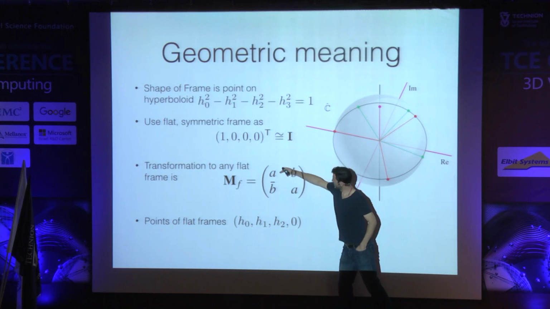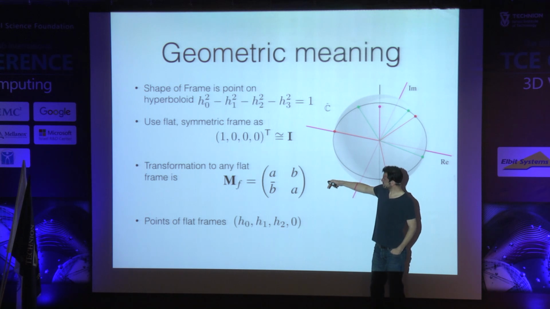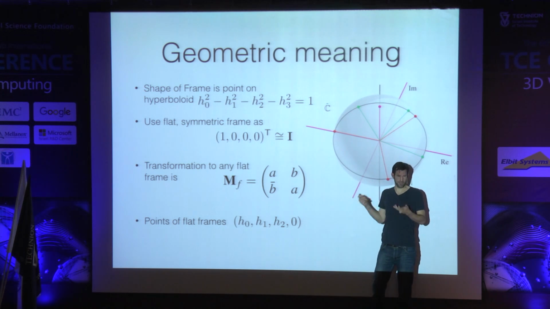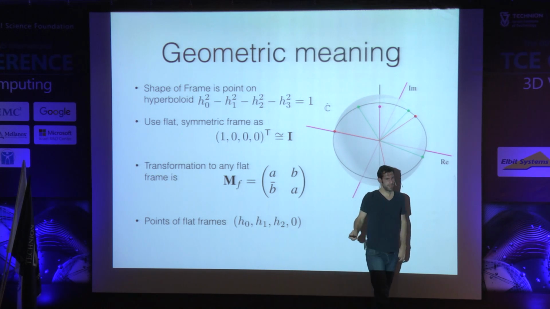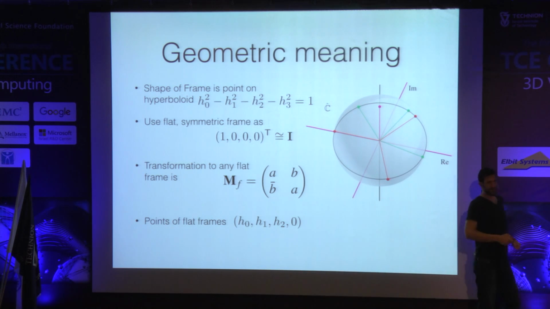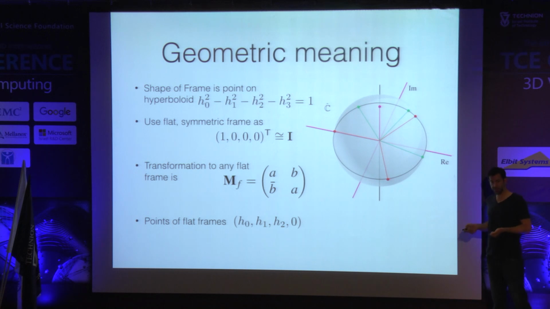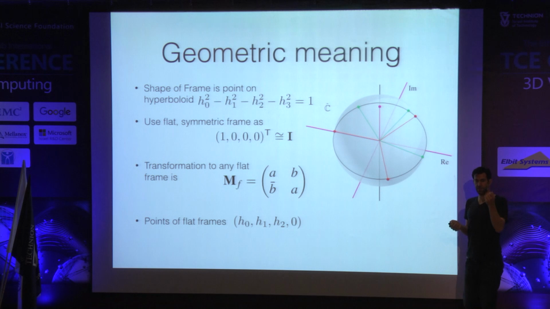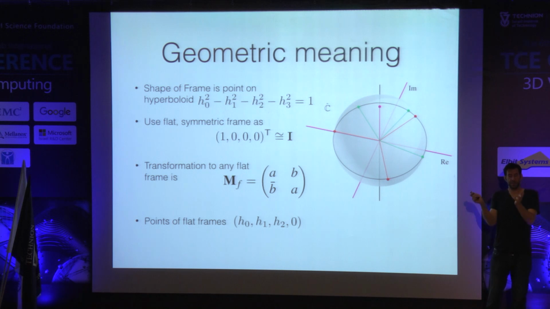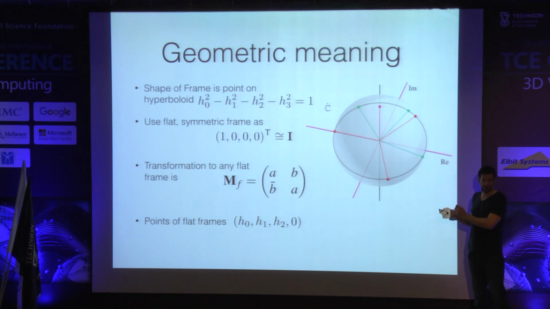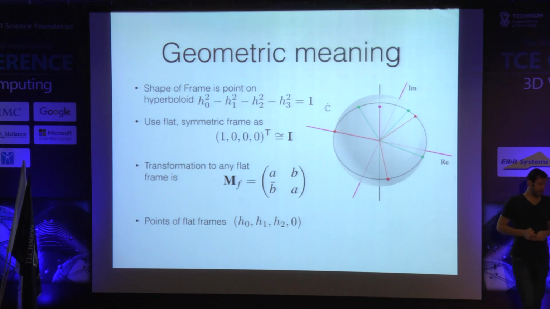They have the same entries on the diagonal, which means they don't have an H3 component, so all flat frames look like this. So again, I have found geometric meaning in the coefficients. For the quaternions, x0 was the angle, x1, x2, x3 were the axes. Here it's H3 for symmetric frames, H1, H2 for flat frames.